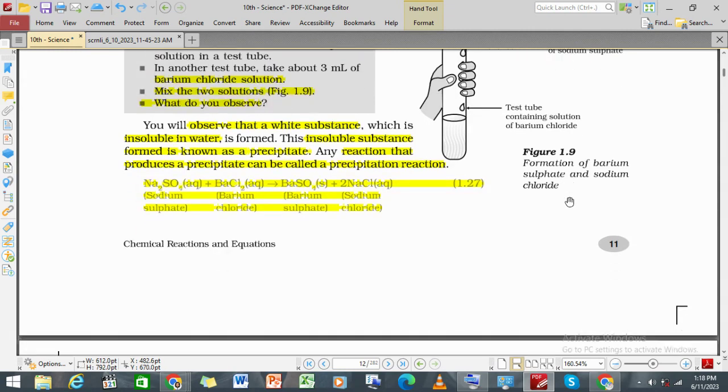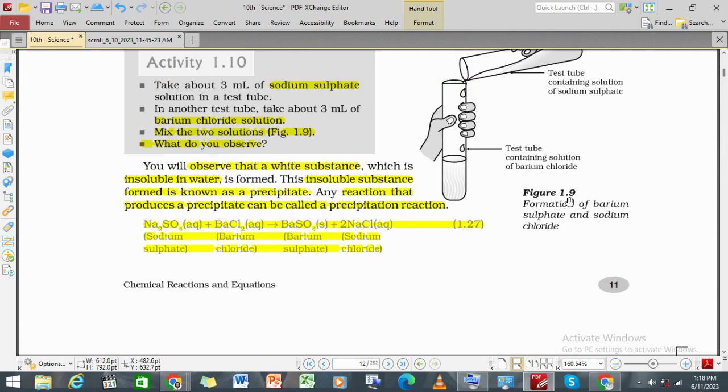That is, when we have mixed barium chloride with sodium sulfate, Na and Cl will combine, so a salt will be formed, and sulfate and barium will be displaced. But a precipitate will be formed, and the substance will be insoluble in water.